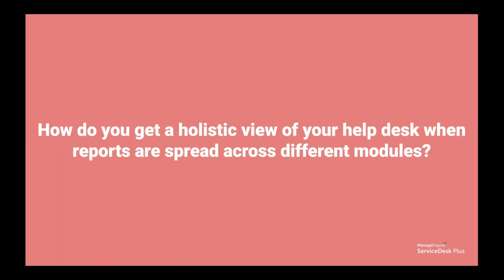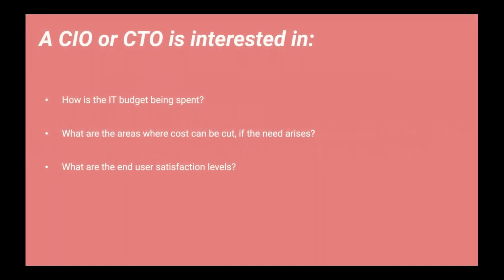Now, when it comes to getting a holistic view of your help desk, not everyone is looking for the same thing. And this is a crucial aspect that we need to be aware of. For example, a CIO is going to be interested in answers to questions such as, on what are we spending our IT budget?